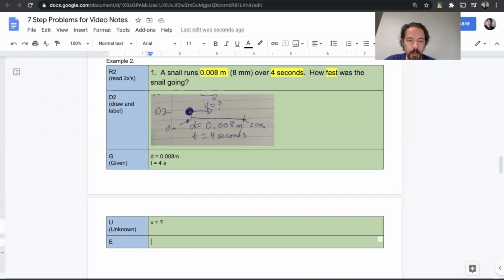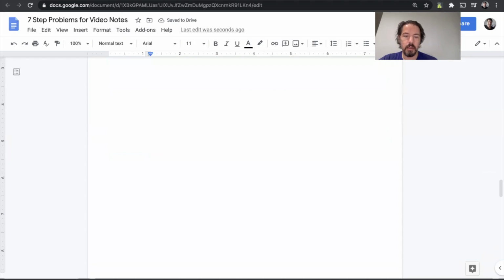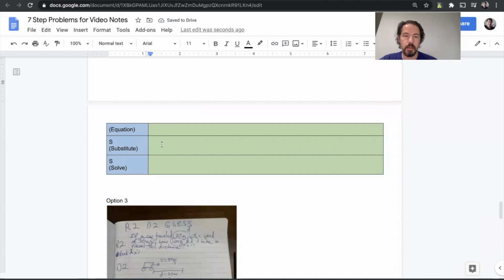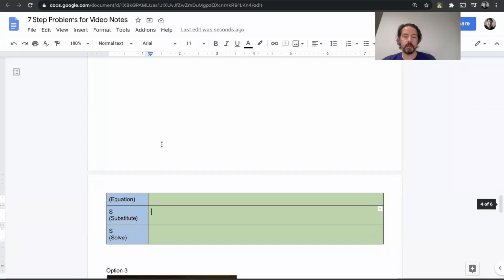So v equals distance divided by time. Because of the images, it looks like it took up a lot of space on our paper. So I'm going to substitute. I'm looking for v. I don't know what it is.